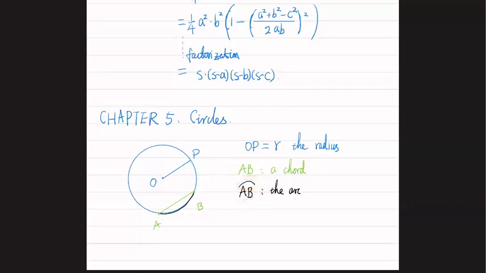Okay, so I want to distinguish this segment from this arc. The first one, I call it a chord, just AB. For the second one, to distinguish the two notations, I put an arc on top of it. Oh, arc. I see.